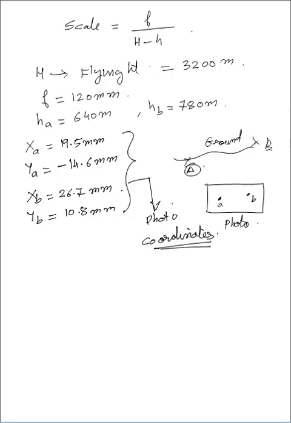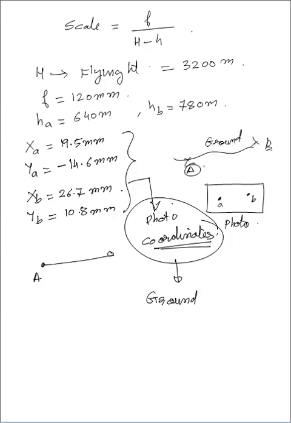Whenever we have to convert from photo coordinates to ground coordinates, see here, we are supposed to find the distance between point A and point B. This is your point A and this is your point B. If I want to find the actual ground distance from point A to point B, I need ground coordinates. So I have to convert these photo coordinates into ground coordinates. Is it clear? So we will find out the ground coordinates.